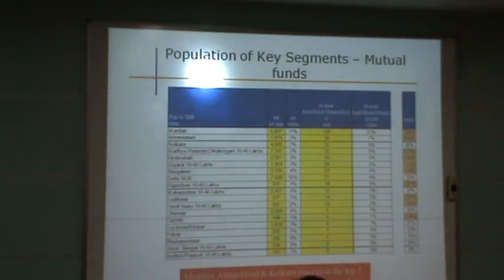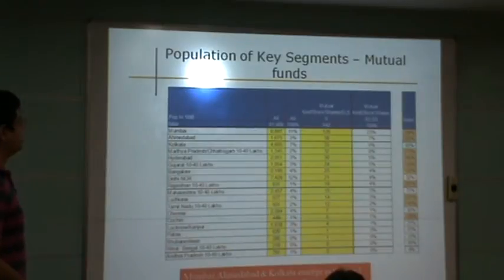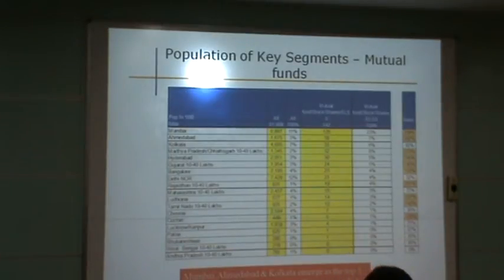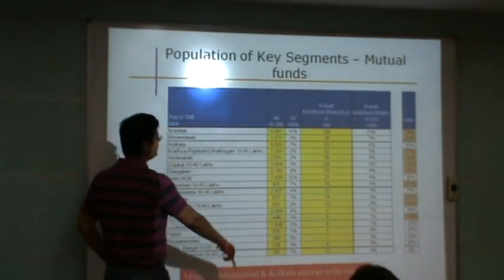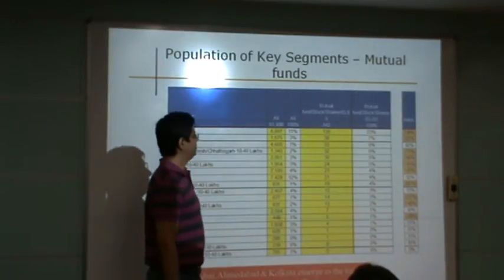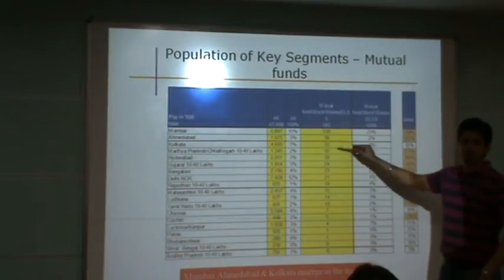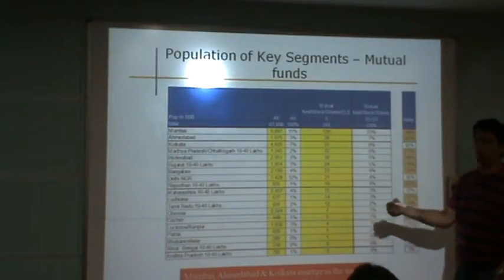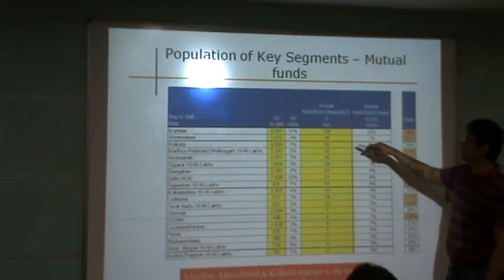Okay, now this is again a mutual fund example, which will tell you how population indexing is done. This is your overall population. Now these are the populations for your mutual fund company, as the number of outlets that you have.